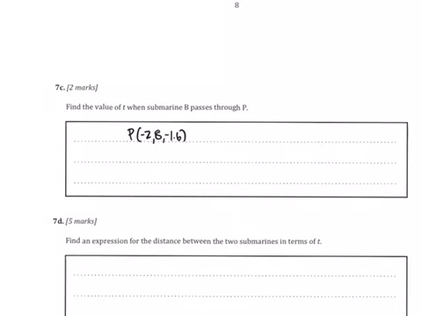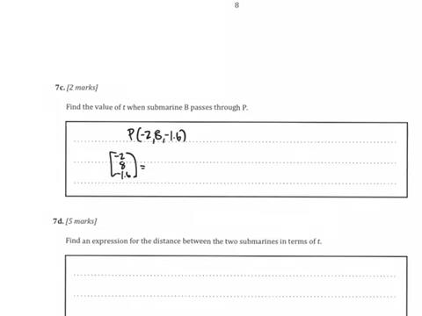So what we want to do is show what the time would be for submarine B to pass through point P now that it has changed its velocity. So we want to know when submarine B will now intersect this point.